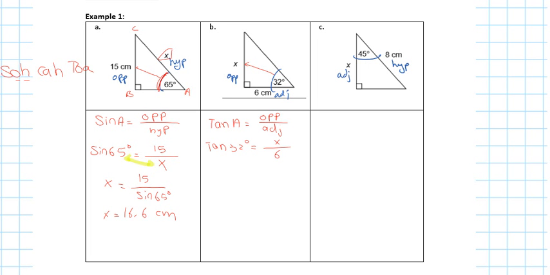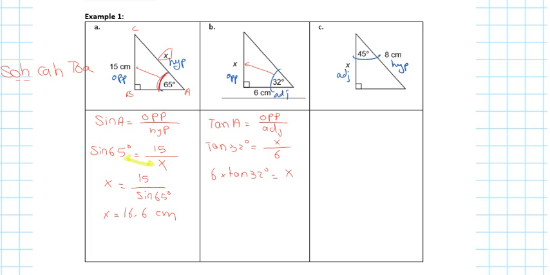Because x divided by 6, I want to isolate for x. So I have to move the 6 over, right? And it's going to become 6 times tan 32. Placement matters: don't put tan 32 times 6 because then your calculator is going to misunderstand it. So make sure you put 6 times tan 32.